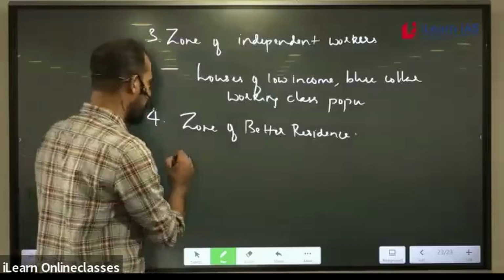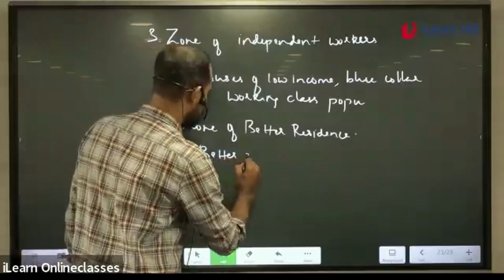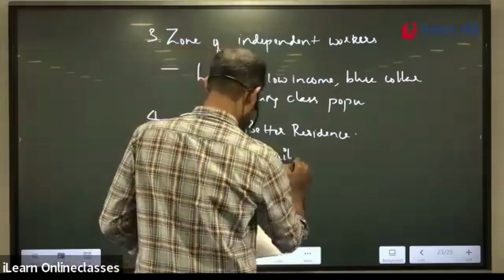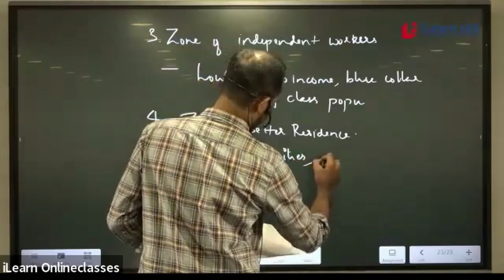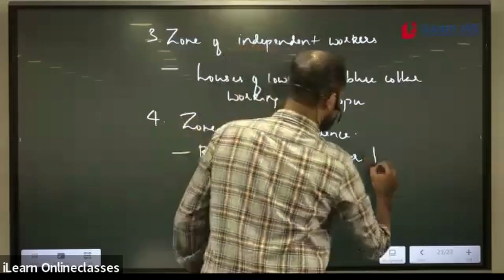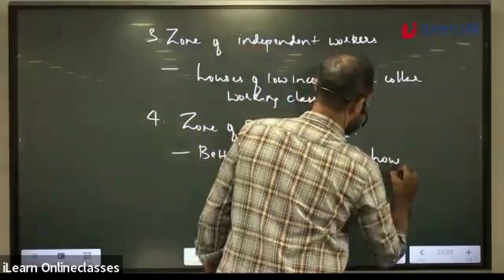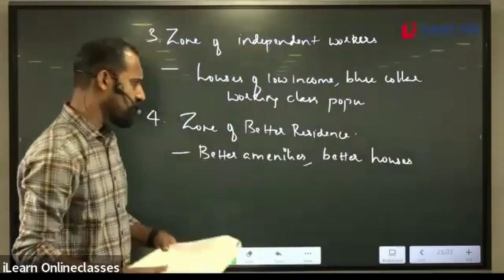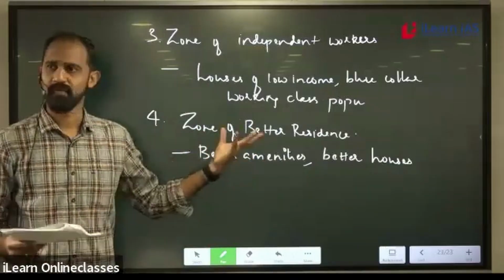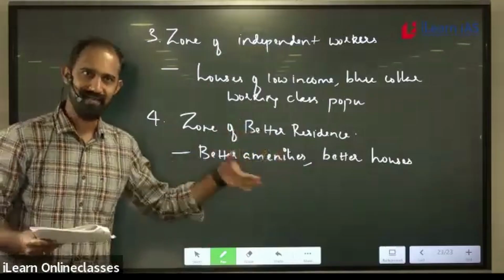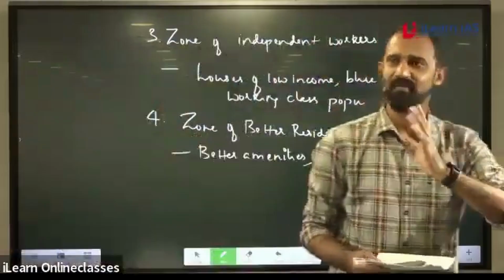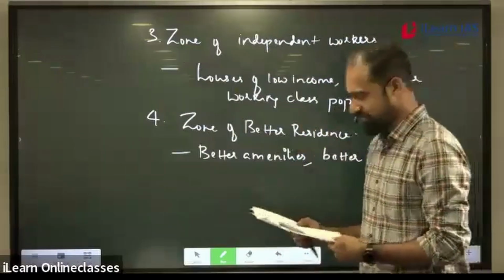This will have slightly better amenities, better residences or better houses, and better services, in the sense of better schools and better facilities, maybe a swimming pool or whatever. There will be all these facilities.